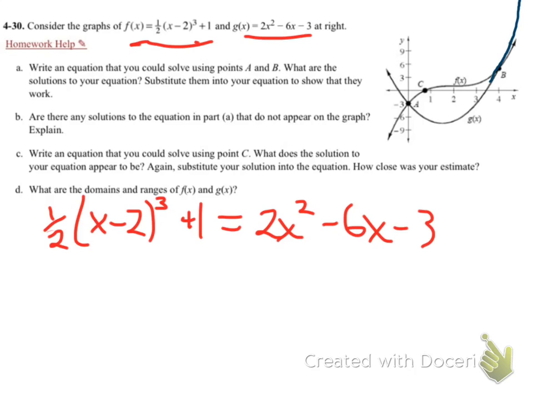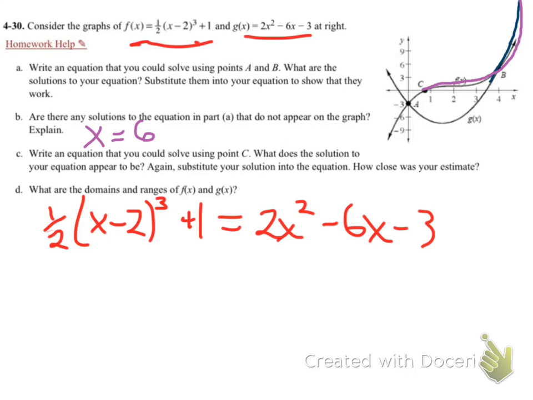However, f of x, being a cubic, is going to rise quicker. So at some point it is going to go up and intersect it again. If you graphed this on your graphing calculator, you'll find out that it does intersect a third time off the graph when x equals 6. So there is a third solution here.